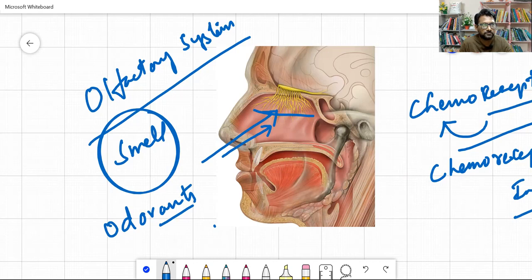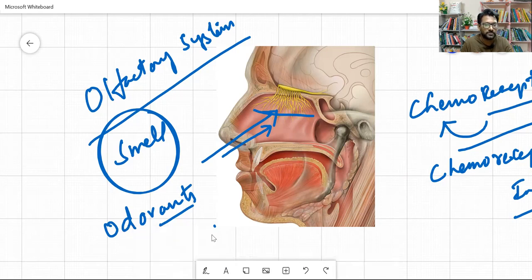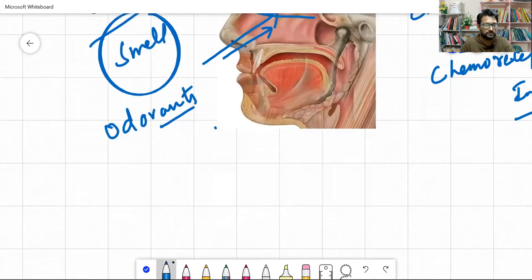So how exactly does the interpretation of smells take place?